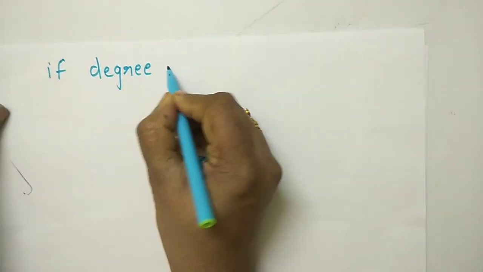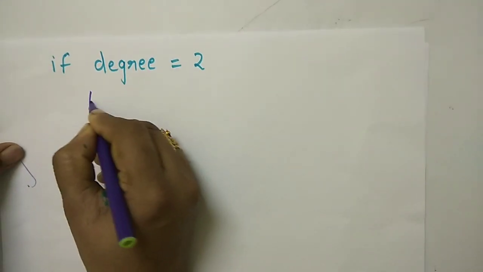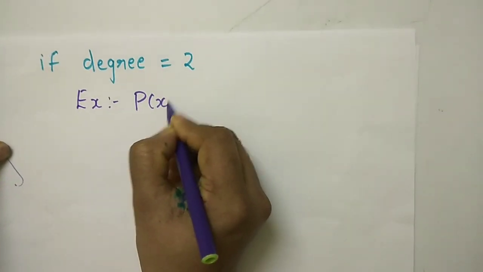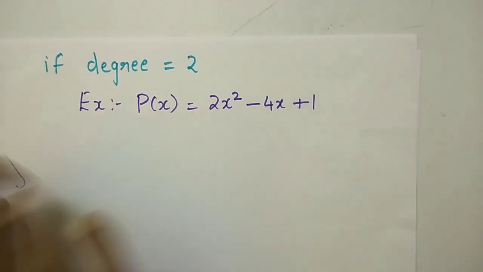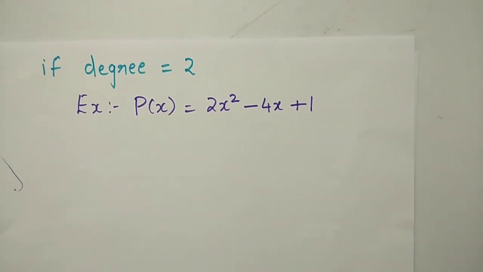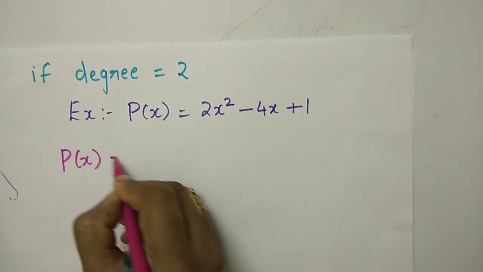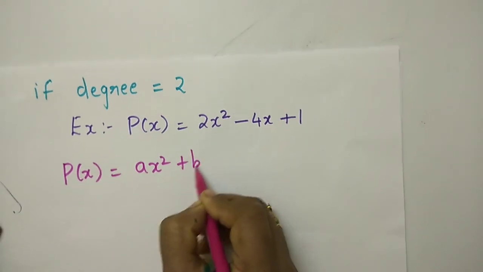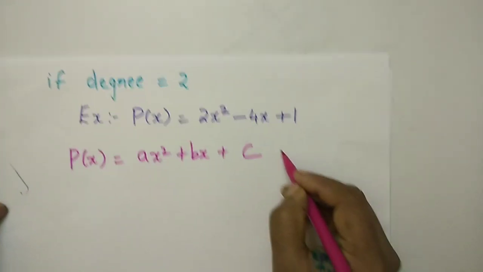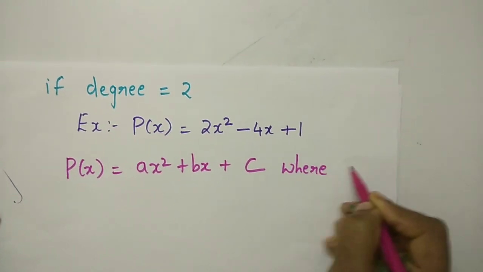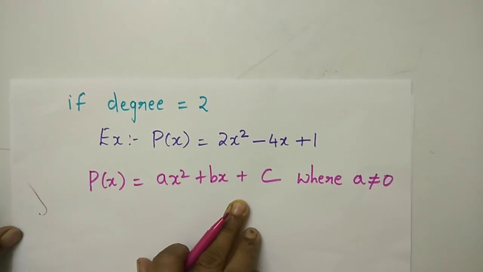If the degree of a polynomial is 2, for example, P of x is equal to 2x square minus 4x plus 1, then the general algebraic expression of the polynomial will be P of x is equal to ax square plus bx plus c, where a, b, c are constants and a not equal to 0, because if a is equal to 0, then this becomes a linear polynomial, is it not?